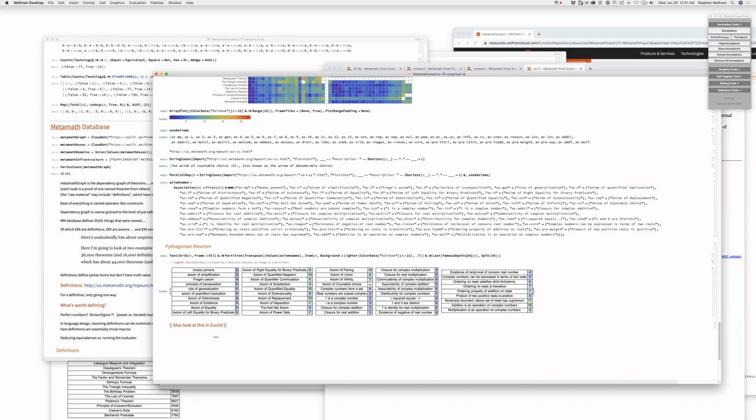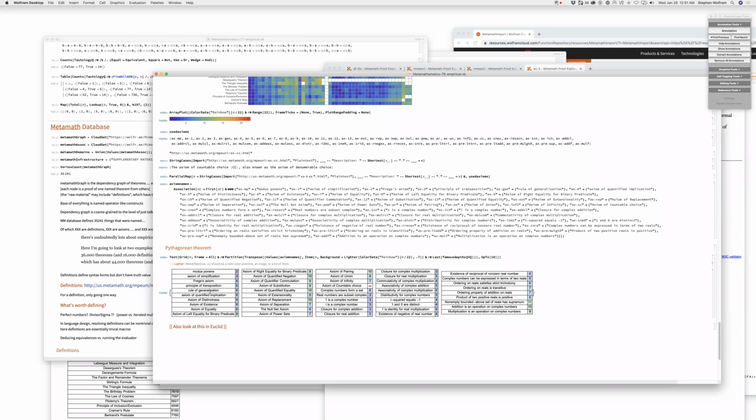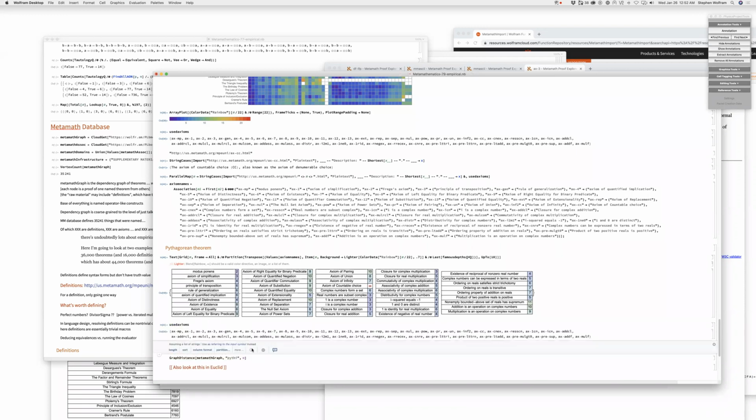The other one's Pyth I. Okay, so what we have is graph distance, Metamath graph, Pyth I, to hash. And now we have used axioms, right?